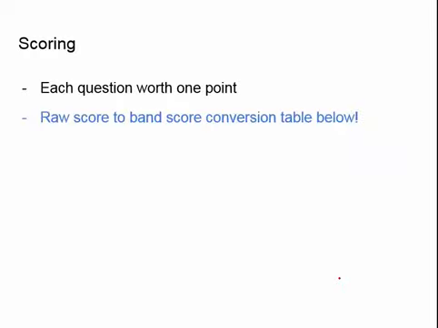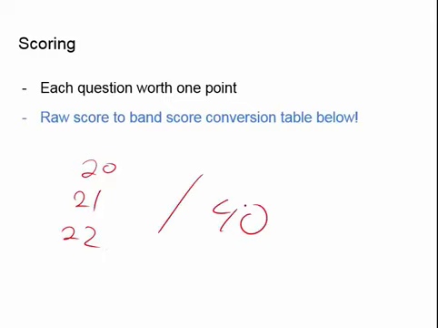Okay, scoring. So, as we already mentioned, each question is worth 1 point. They're all equal. And you can look at the link I put below. There is a conversion table. That's basically a table with all the score possibilities, right? So if you score 20 or 21 or 22 out of 40, what will be your band score?